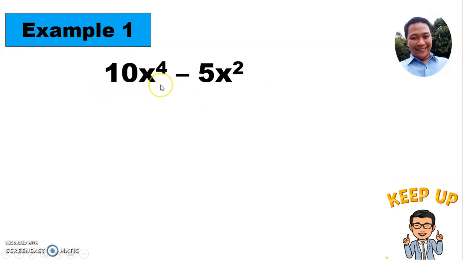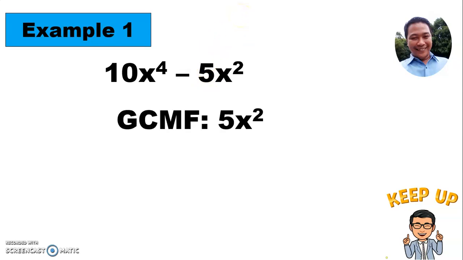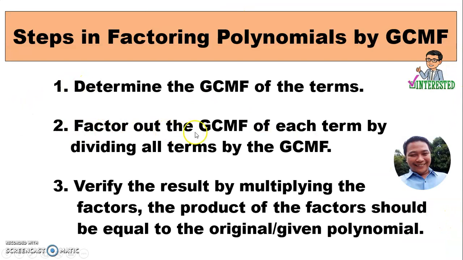First term, 10x raised to the fourth power, and the second term, 5x squared. Now, what is the greatest common monomial factor? Very good. It's 5x squared.